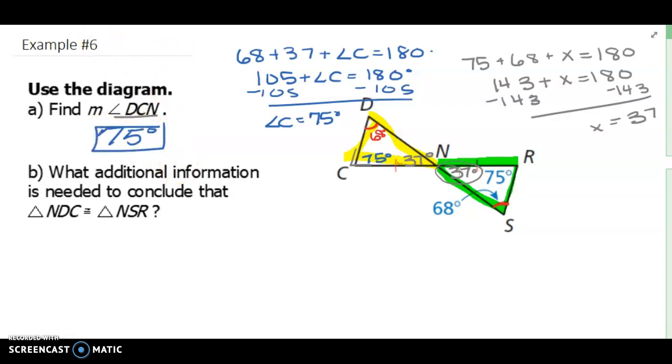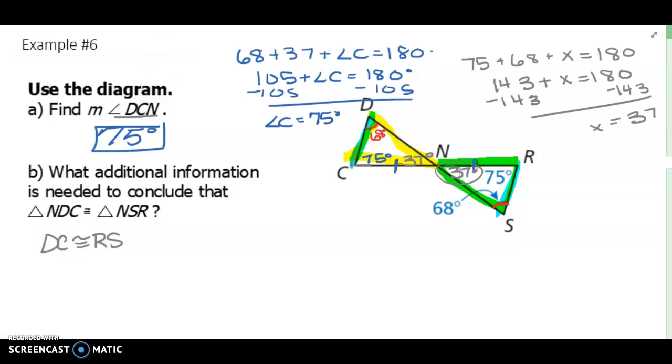All right, so B asks me what additional information is needed to conclude that these two triangles are congruent. Okay, well, I know that all 3 angles are congruent, so I've checked that off our list, and I know that CN is congruent to NR. Okay, so what I would need to know is that DC here and RS are congruent, so I'd need to know that DC is congruent to RS.